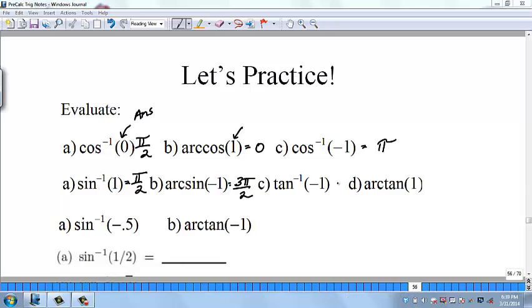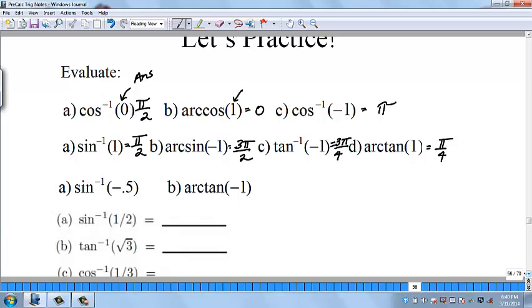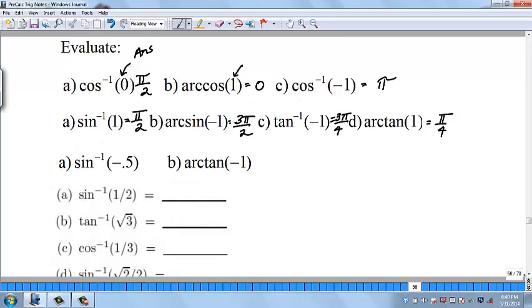Inverse tangent of negative 1: if it's 1, that's pi over 4, but if it's negative, then it's in quadrant 2, so that's going to be 3 pi over 4. And the arctan of 1 is pi over 4. So if your calculator's in radians, it's going to give you a decimal back. If you're in degrees, it's going to give you the angle back.